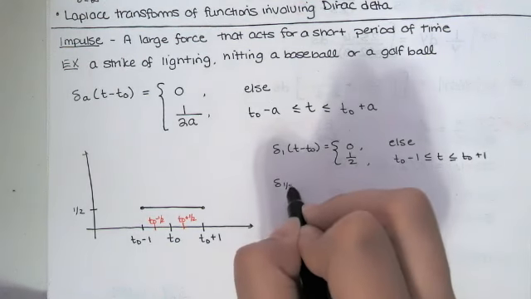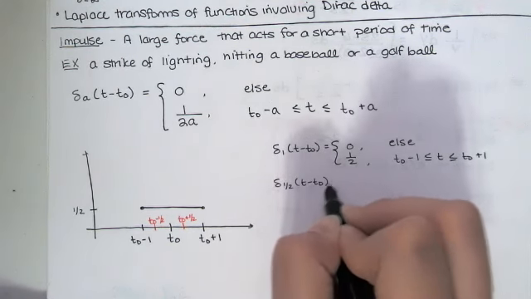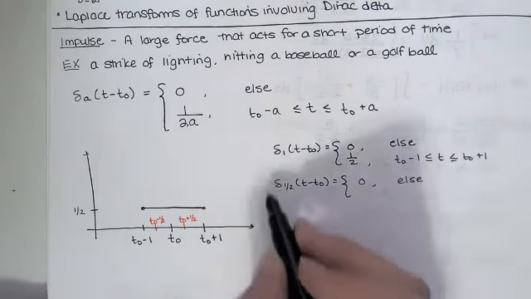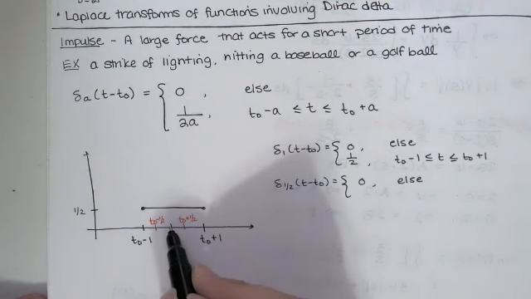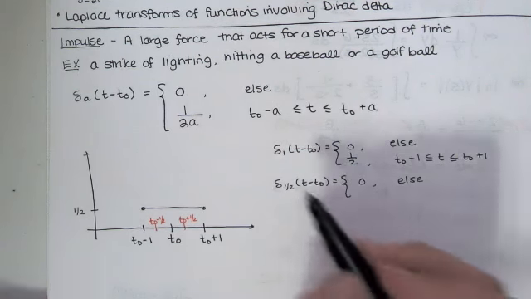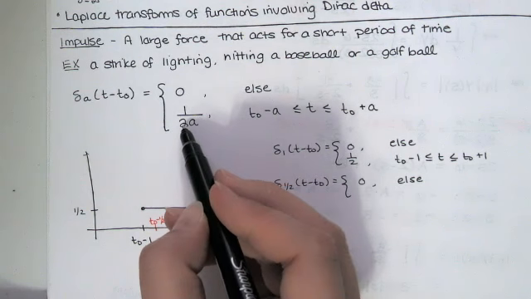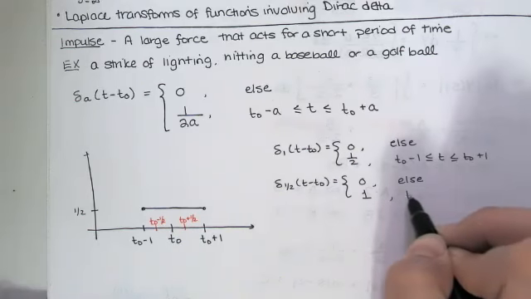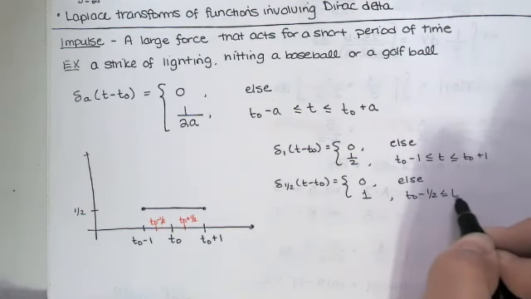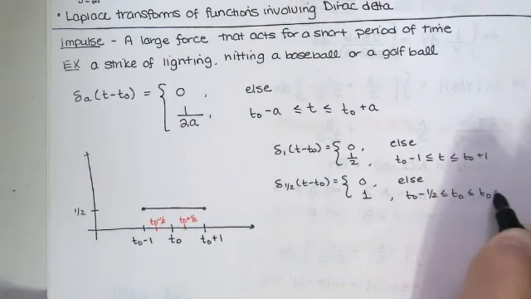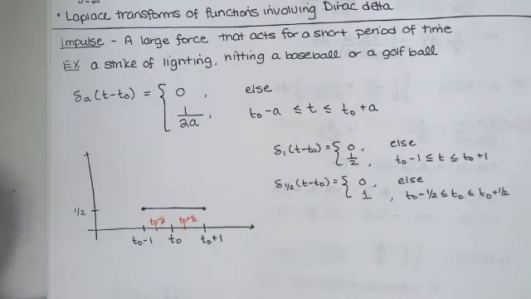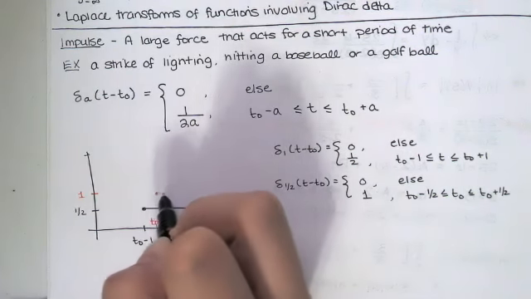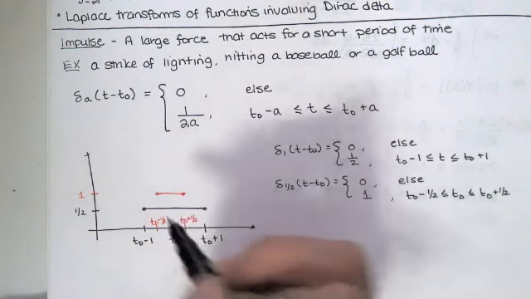Then we're saying, okay, let's shrink A. Now, if A is 1/2, we're going to go backward 1/2 and forward 1/2 from this. And if A is 1/2, we're going to have 1/2 times 2, which is 1. 1 divided by 1 is 1 on this interval. So this function kind of looks like this.